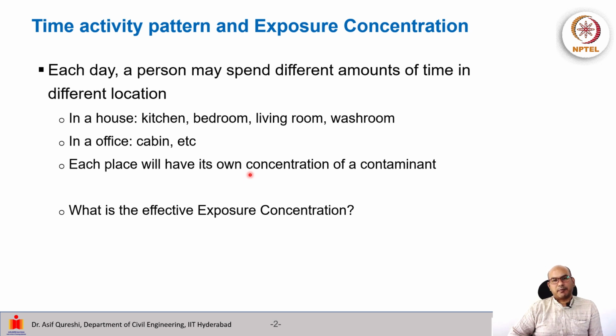Then the person may be in the bedroom, the living room, or the washroom for some time. So the question is, how do we define the effective exposure concentration? What concentration do we use if we have to conduct the risk assessment now? Whether it is exposure every day or every hour, we need to have our effective concentration.